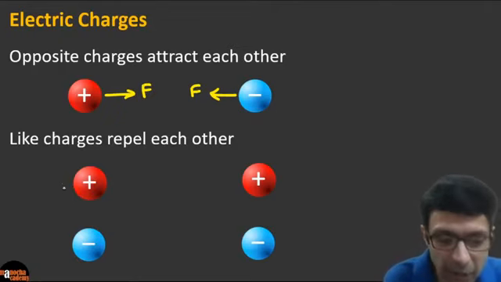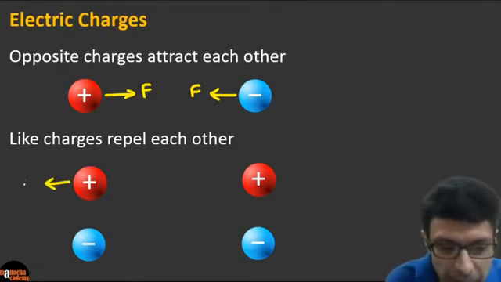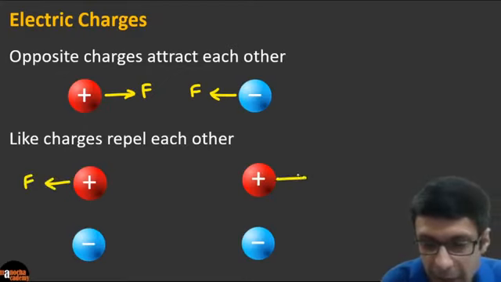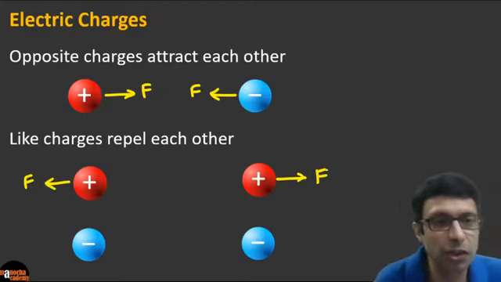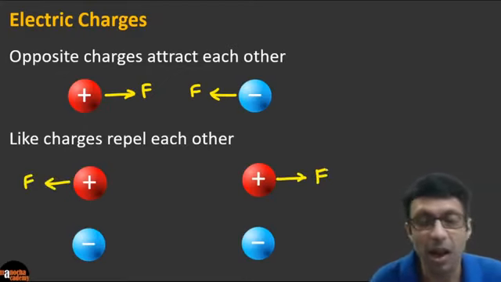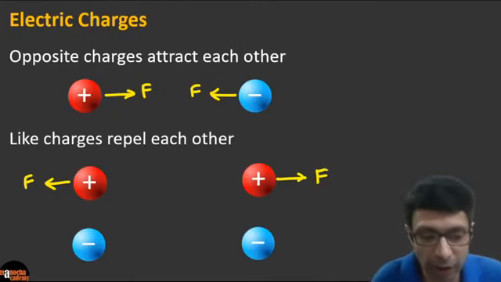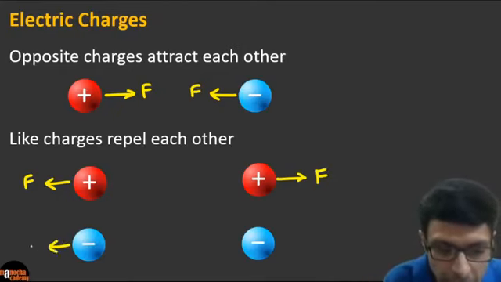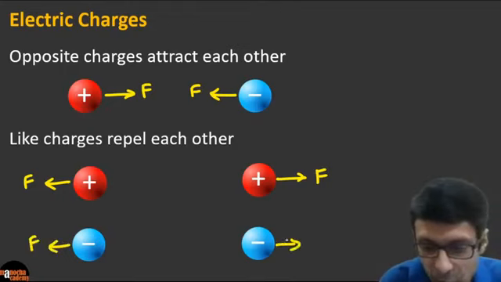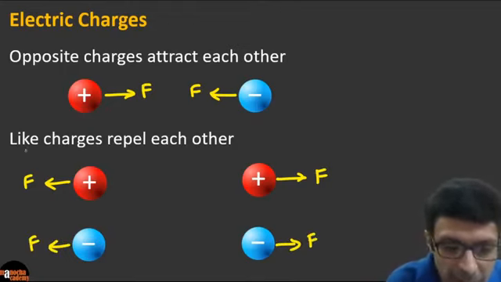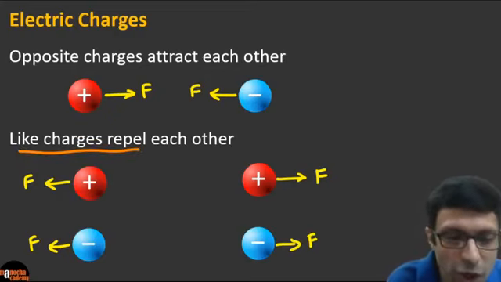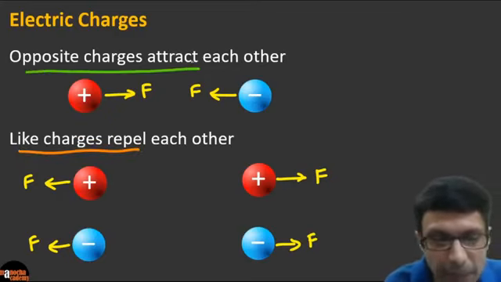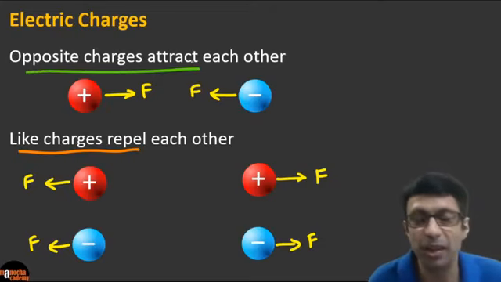They will be repelling each other. And what about two negatively charged bodies? They will also repel each other with a force. As you can see from the picture here, like charges repel, and opposite charges attract each other, right? So is that simple?